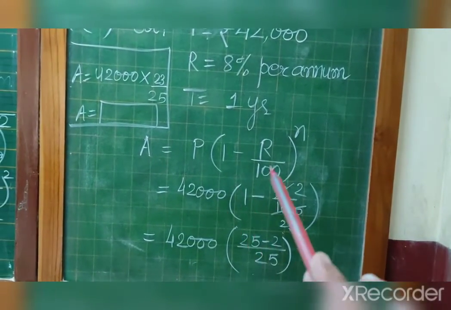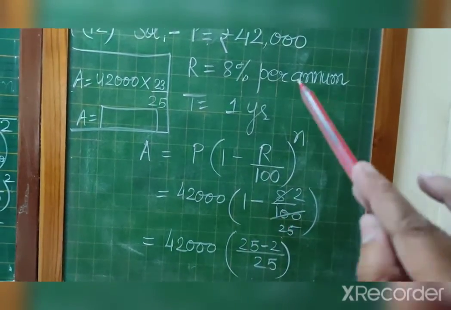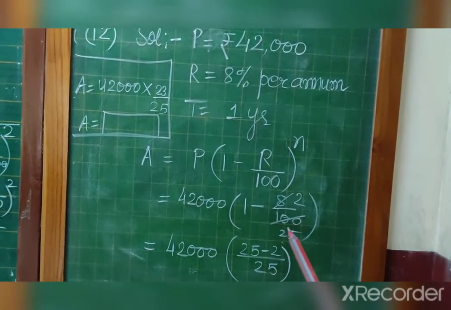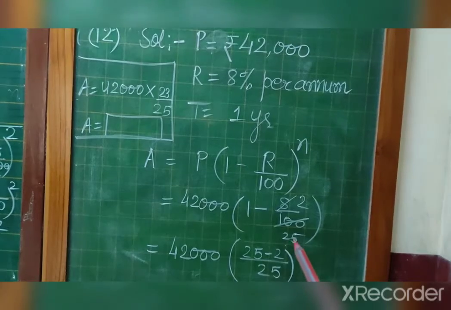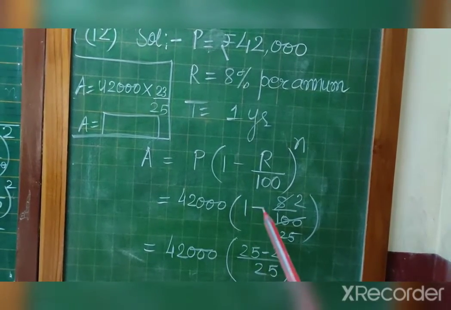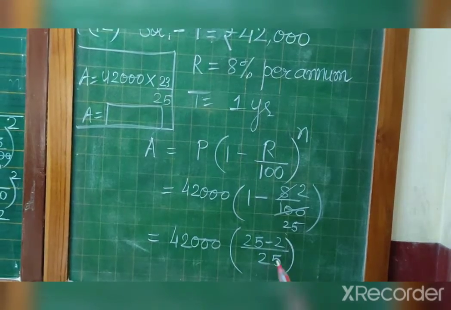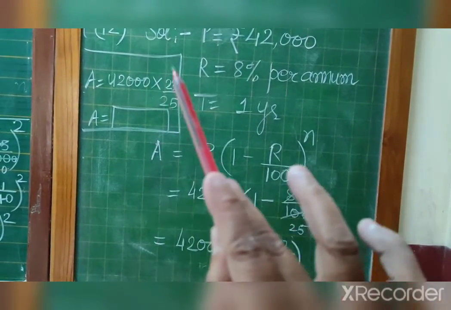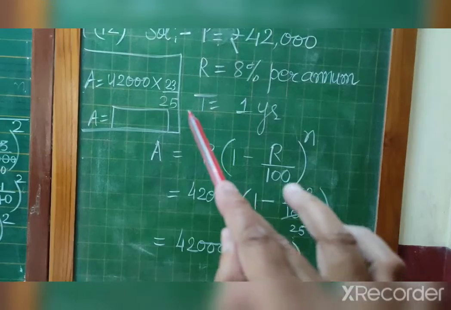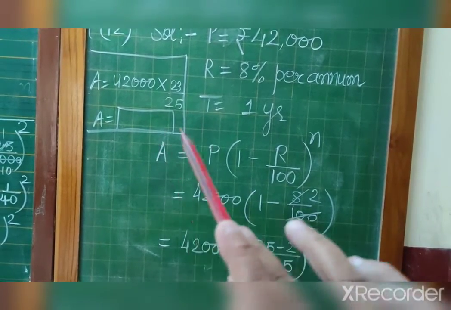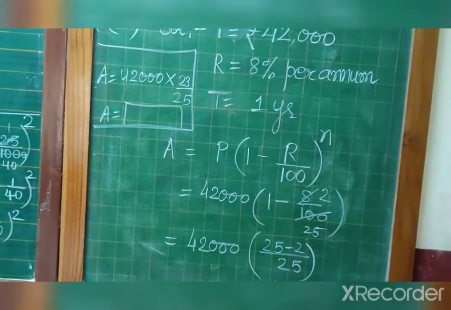And 42,000 in the bracket 1 minus 8 upon 100. So 4 2s are 8, 4 and 100 is divisible by 4 25 times. 25 ones are 25 minus 2 upon 25. So 25 minus 2, 23. So 42,000 into 23 upon 25. After calculating whatever value you are getting, that will be the price after 1 year.